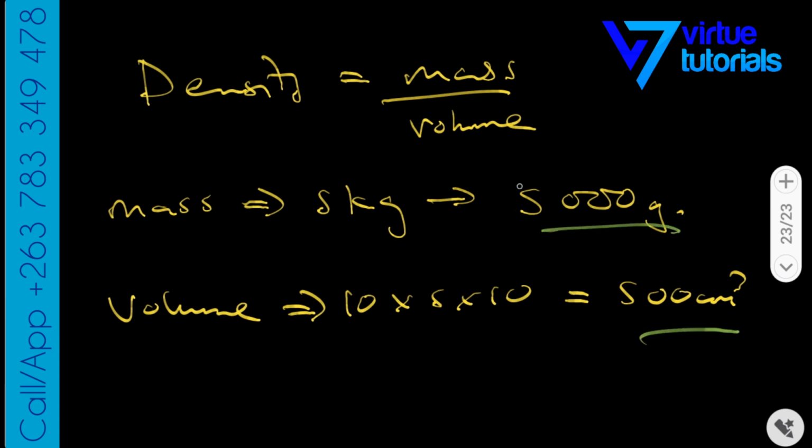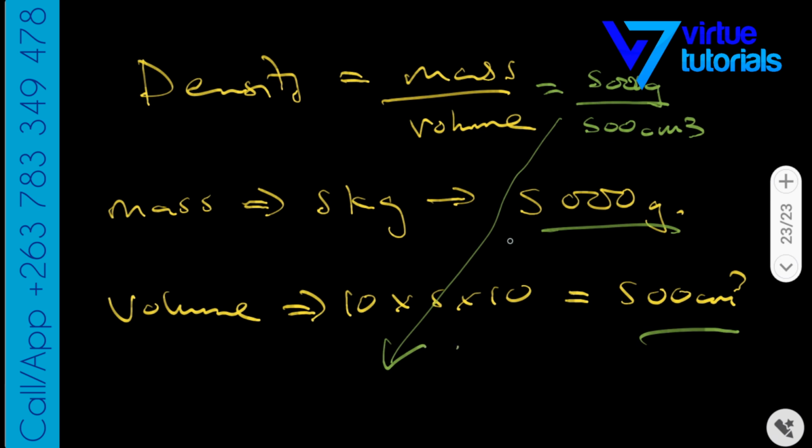So if I take these two values and plug them in, what do I get? My mass is 5,000 grams and my volume is 500 cubic centimeters. Divide that, that's going to give me 10 grams per cubic centimeter.